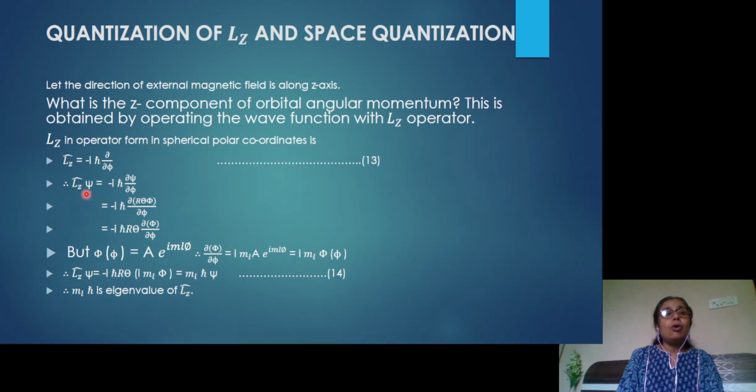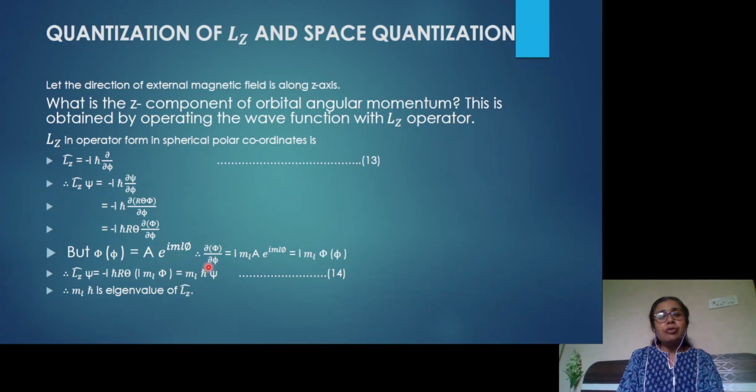So it is Lz operator operating on the psi wave function, equal to minus i h cross R into theta into the partial derivative of the function phi with respect to the variable phi. But we know that the phi function can be written as A, that is the normalization constant, into exponential i ml phi. Remember, this ml is nothing but the magnetic quantum number m suffix l.